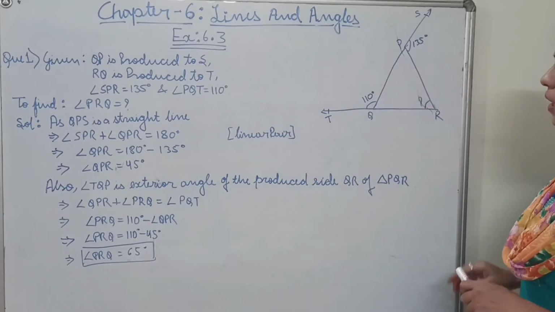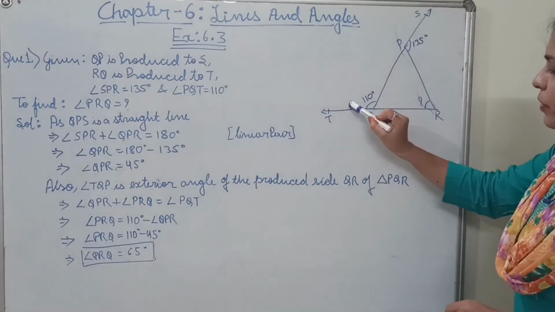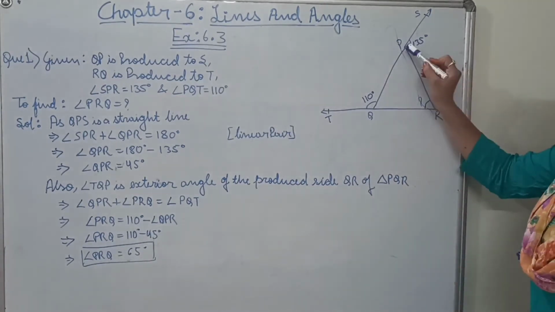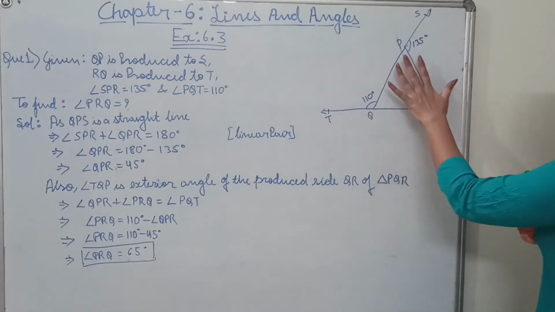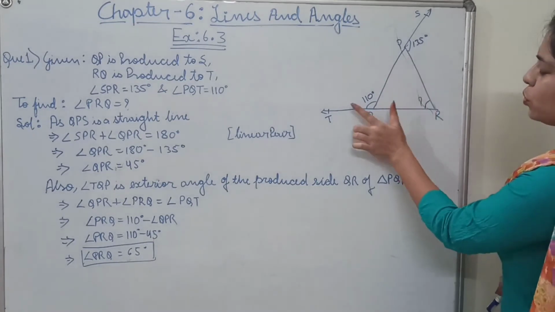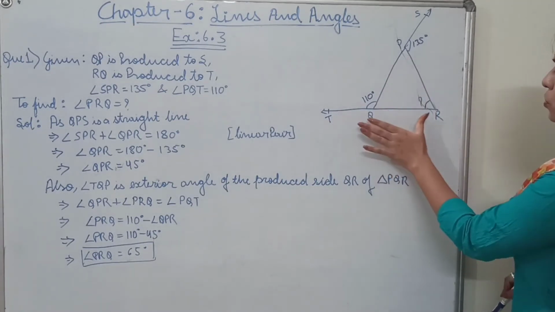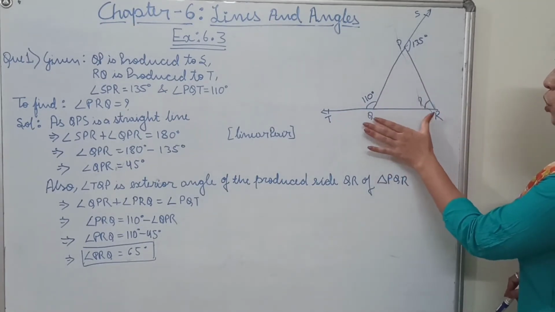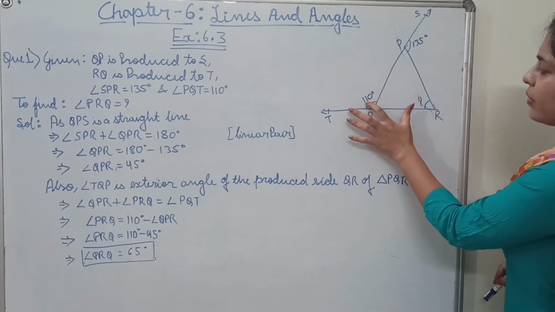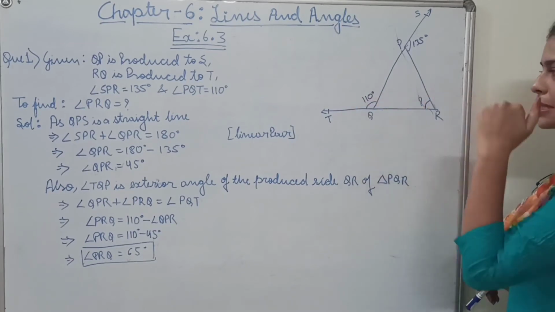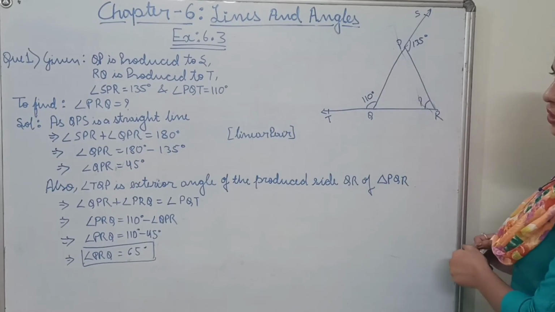Now, one more exterior angle we have here, which is angle PQT, and we can clearly see that angle PQT is the exterior angle produced from the produced side QR. So it will be equal to the sum of its interior opposite angles of the triangle.